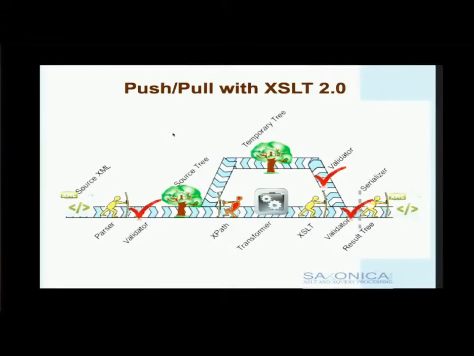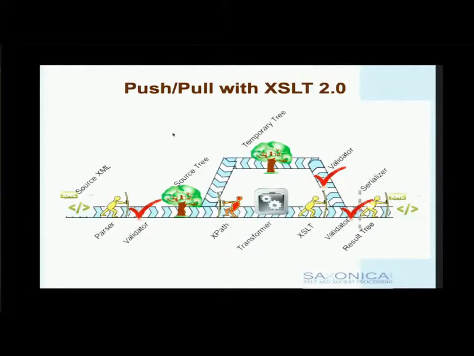So the fact that you're validating doesn't itself interrupt the pipeline, because you can tag validation onto the back of a push parser and put a validation in between the parser and the source tree. You can put a validator in between the result tree instructions and the serializer without interrupting that pipeline. The guys who developed XML Schema carefully did it so that validation could be pipelined in that way, and that's something we're now able to take advantage of.